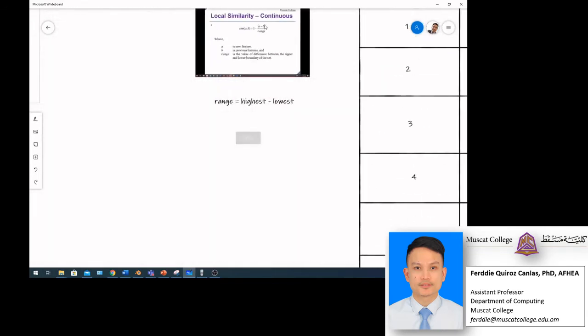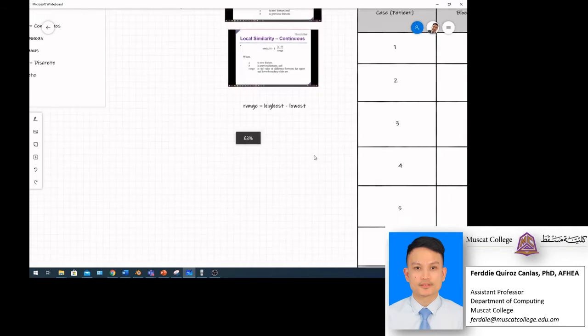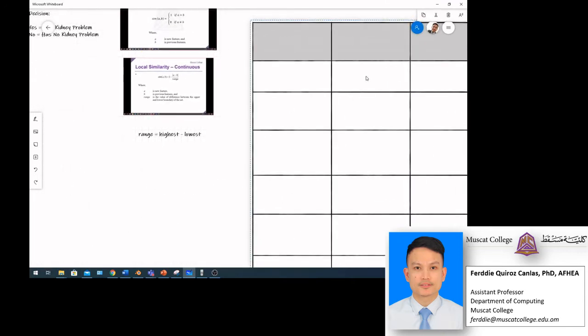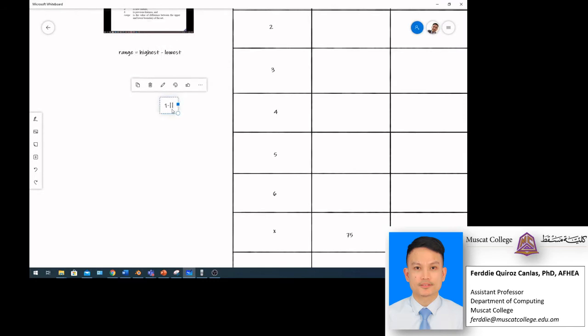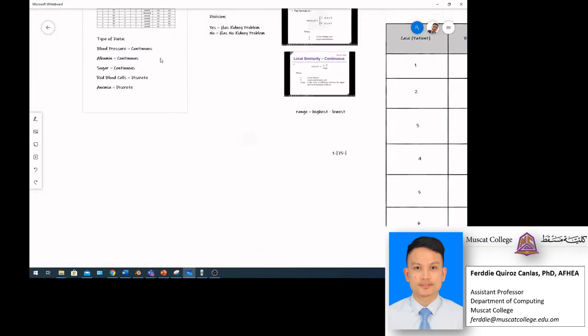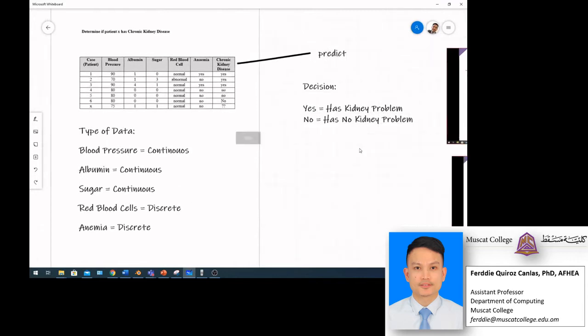Following this formula, we have 1 minus the absolute value of A minus B over the range. You could write the formula here. This is 1 minus the absolute value of the value here that we have, 75, minus, you can get from here, 90.